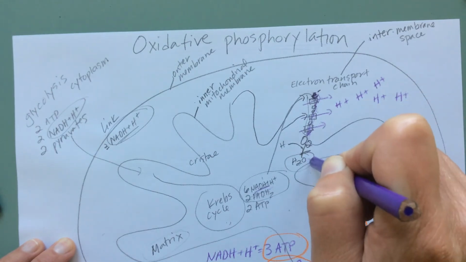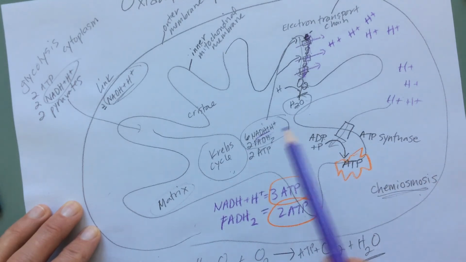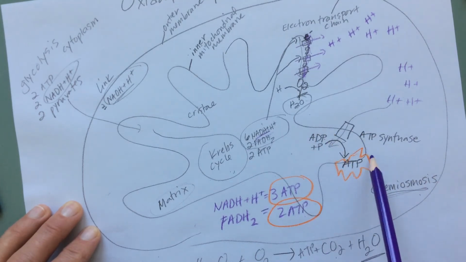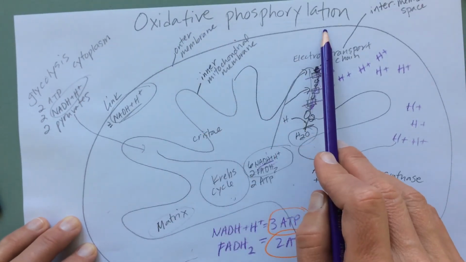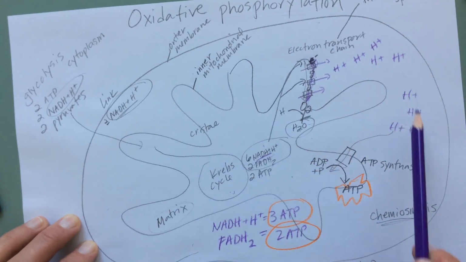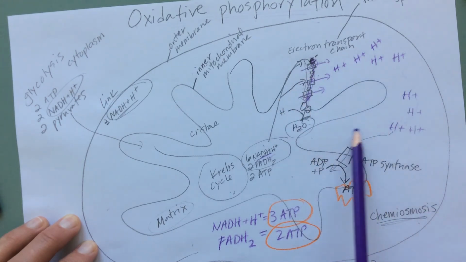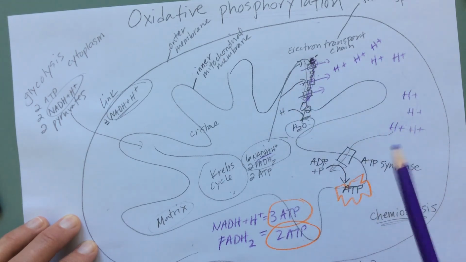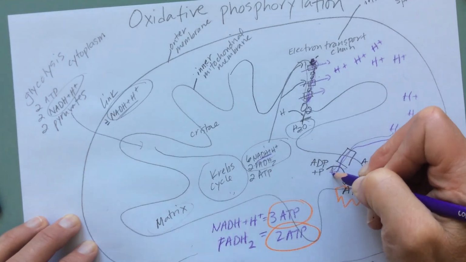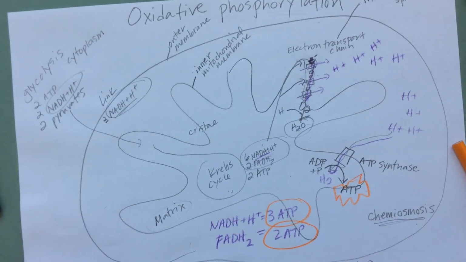So we have to have oxygen to make it happen, and the phosphorylation is, of course, phosphorylating ADP to make ATP. So we're making ATP with the use of oxygen, right? And chemiosmosis is also some power that's necessary to get that through. But that's because the oxygen is powering, creating this concentration gradient of the hydrogen ions that are going to flow through here and help drive the ATP production.